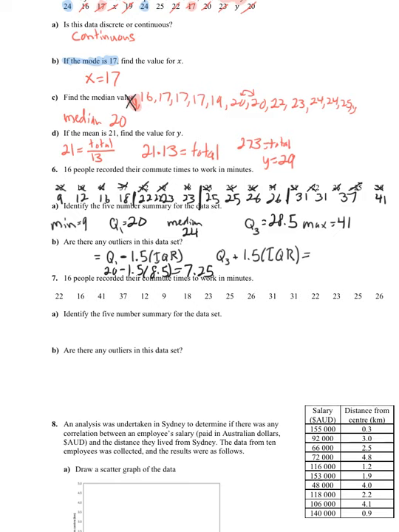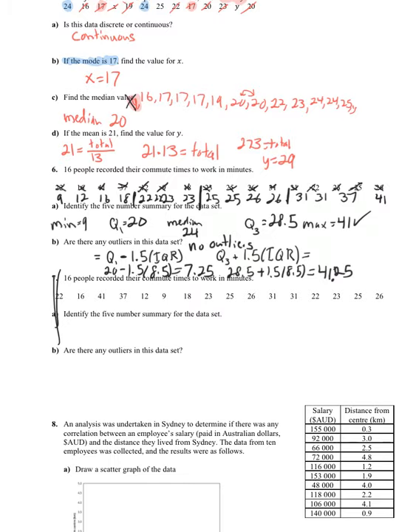And then when we do Q3, 28.5 plus 1.5 times 8.5, bam, we get 41.25. So by the skin of its teeth, 41 is in there. So there are no outliers in this data set. Okay, that's how this one would work.